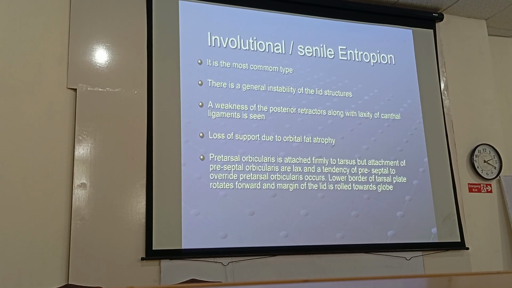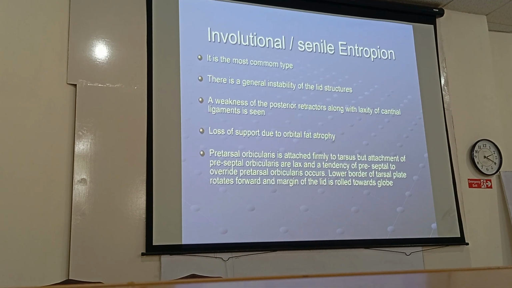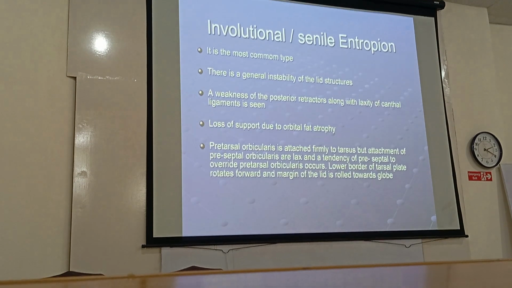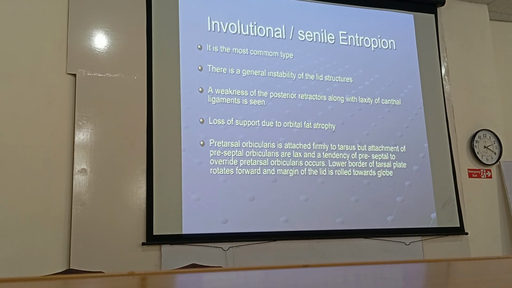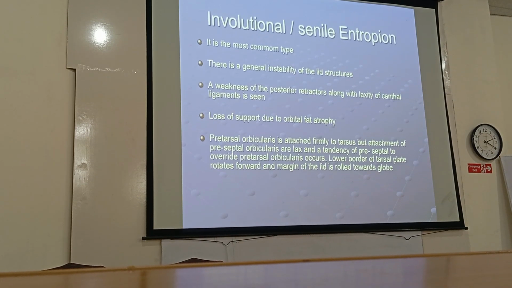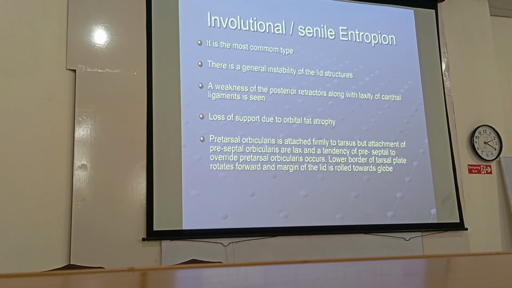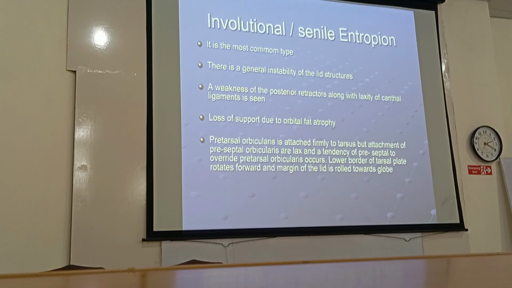Loss of support due to orbital fat. In the layers of the eyelid, there is fat which is there to make the shape of the eyelid and support it.